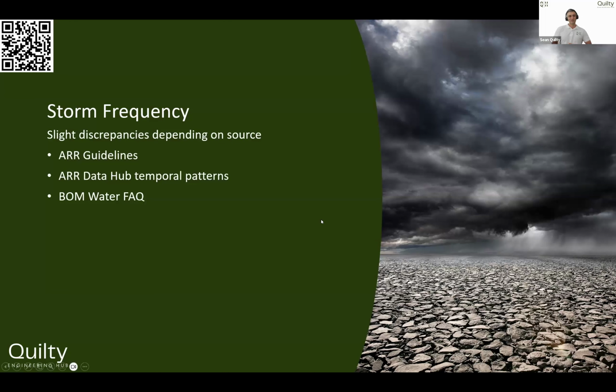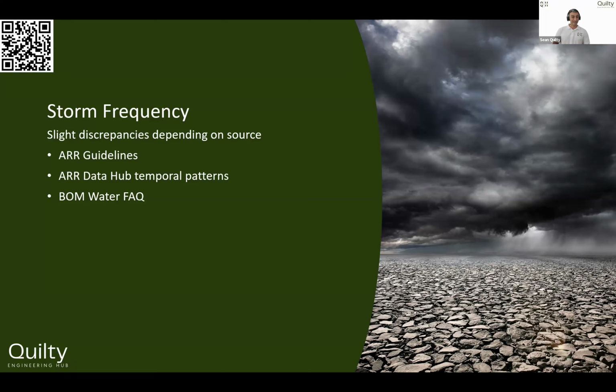I'd just like to point out as well, especially if you're new to rainfall, you'll start to pick up different guidelines, and you just want to watch out because there are some slight discrepancies in how certain guidelines describe the storm frequency, whether a storm is classified as frequent or infrequent, for example. So there are ARR guidelines, Australian Rainfall and Runoff guidelines.